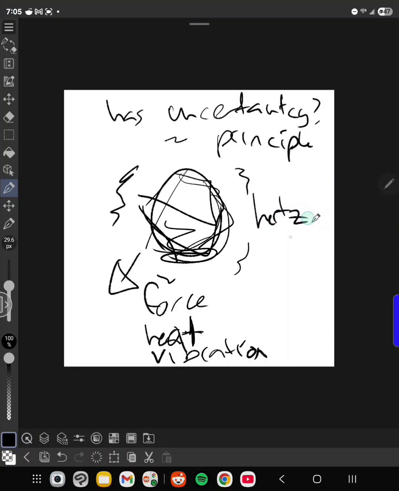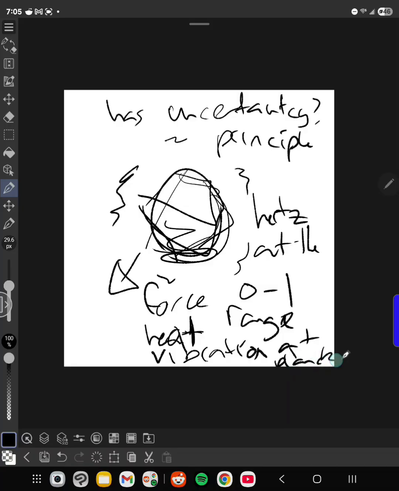Hertz at the 0 to 1 range at Planck. Yeah, so it's Hertz 1 over, I think it's Planck, minus Hertz 0 over, oh, it's probably over half a Planck actually.